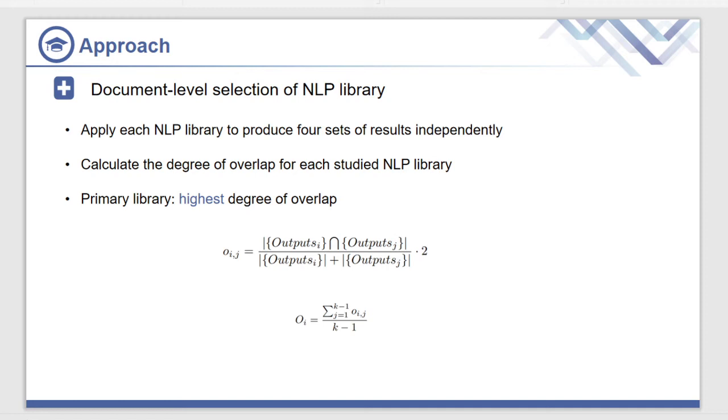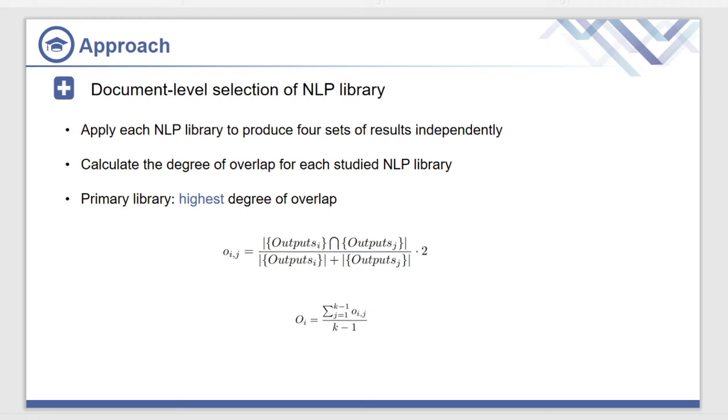Then we calculate the degree of overlap for each studied NLP library. The NLP library with highest degree of overlap is selected as primary library, and its outputs are transferred to the next step as primary outputs.